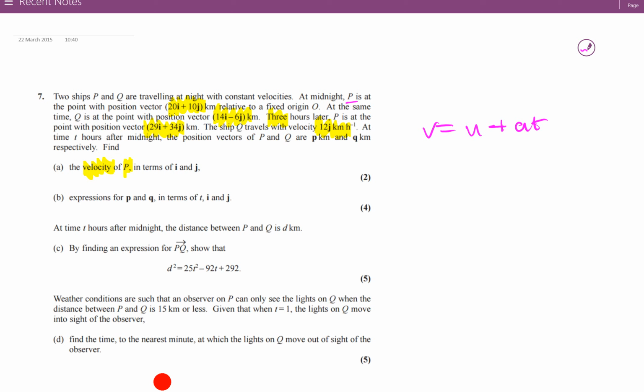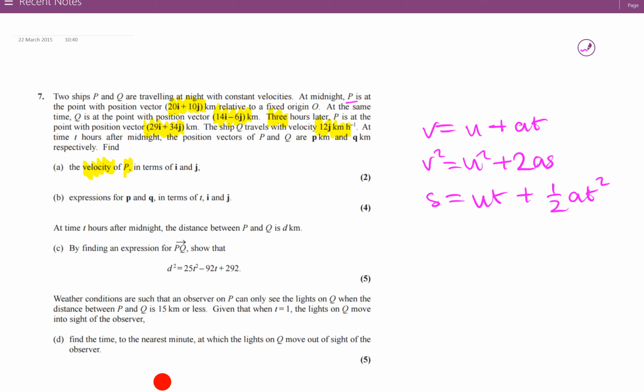Let me quickly say what the 3 SUVATs are, because I know you say 4. I'll write them down: v squared equals u squared plus 2as, and s equals ut plus half at squared. Yeah, that's it.